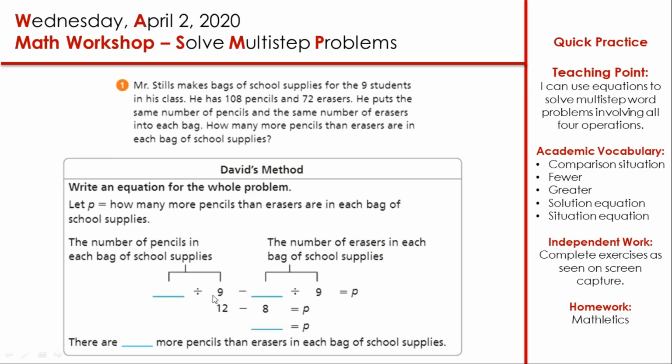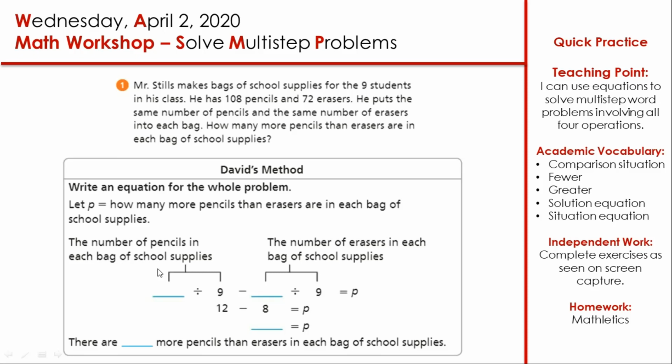So on this side, he groups the amount of pencils per student. On this side, he groups the amount of erasers per student. And then he compares the two amounts right away, right here with the subtraction operation. Whatever he gets out of this will be equal to P, which represents the amount of more pencils than erasers that are in every bag.